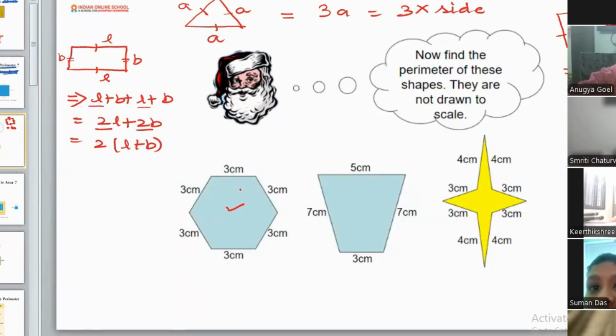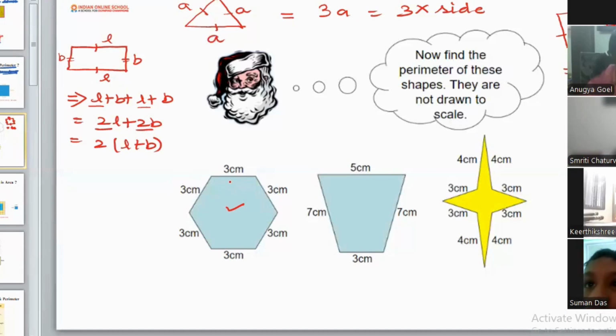This is a hexagon. Now, which type of hexagon is it? A hexagon has 6 sides only. Each side is 3 centimeters, which means in this hexagon all sides are equal, correct? Yes, ma'am. When in a hexagon all sides are equal, what is the name of that hexagon?